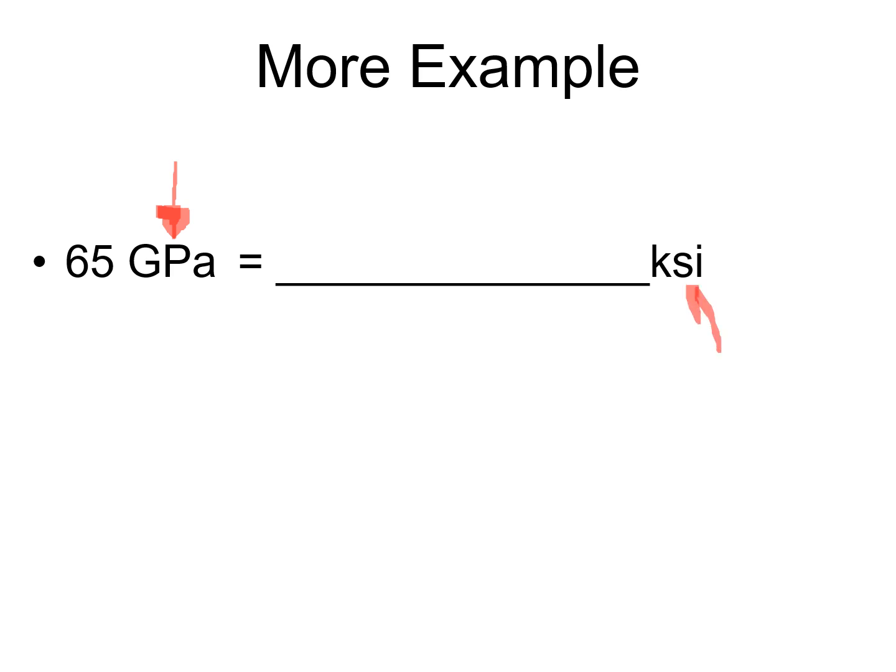I already talked about it. If you refer to the previous slide, you should know what KSI means. In the US, the modulus of elasticity of metal and aluminium, if you are using the customary unit, is reported as KSI. In metric, it's reported as gigapascal. Try this out.